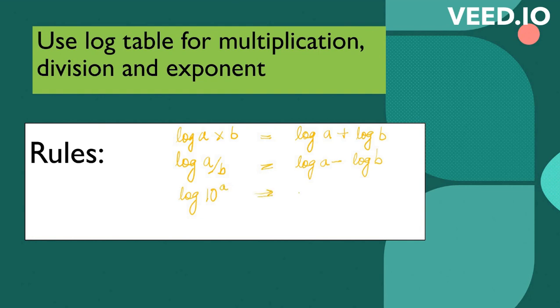It will be a times log 10. The log 10 value is nothing but 1, so a multiplied by 1 gives you a. So there are rules like that. Let's see with some examples and try to solve them.